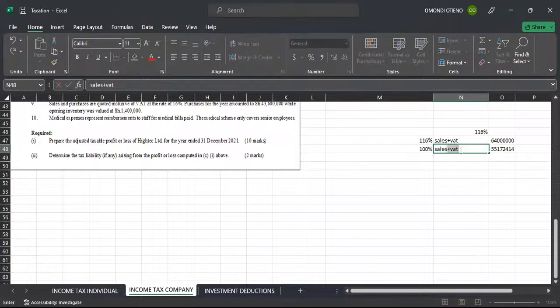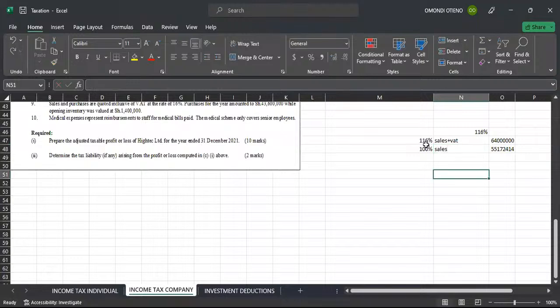That one is the real sales. The real sales is 100%. So it means what we are subtracting here, which we cannot recognize as revenue, is VAT. Yes, taxable sales should be exclusive of VAT. So if VAT is there inside, we have to eliminate it, and that's what we did.